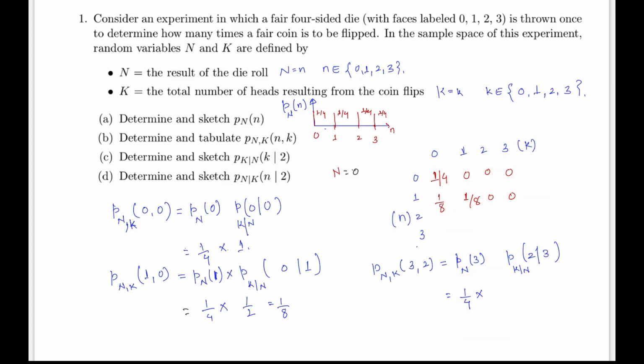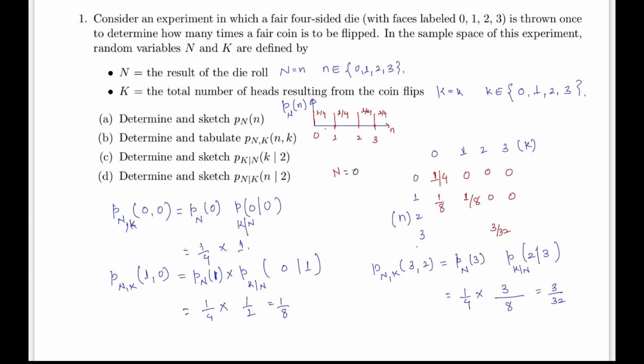So that will be 3 divided by all the possible outcomes, so 8, right? So overall this probability will be 3 divided by 32. So we are talking about this probability, it will be 3 divided by 32.